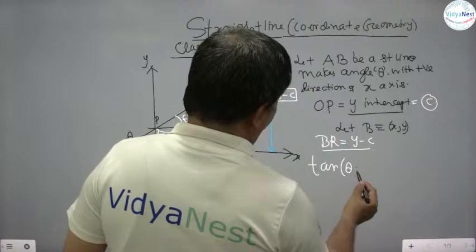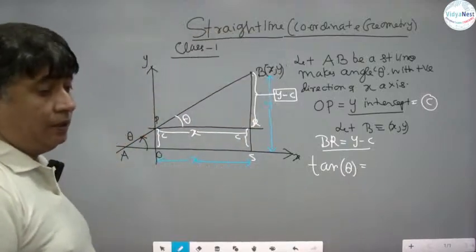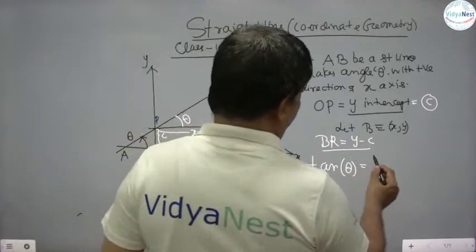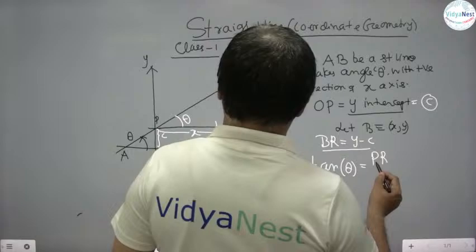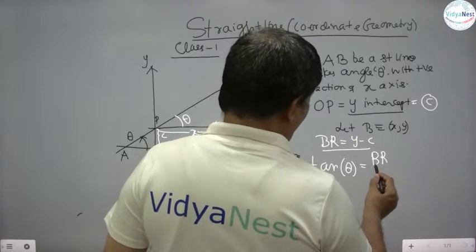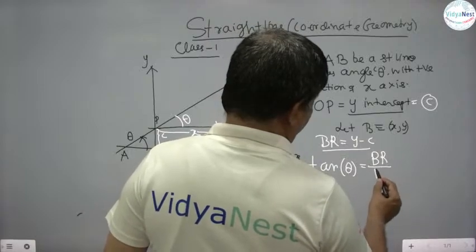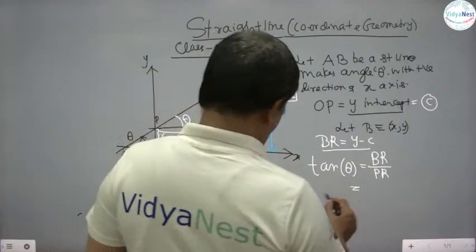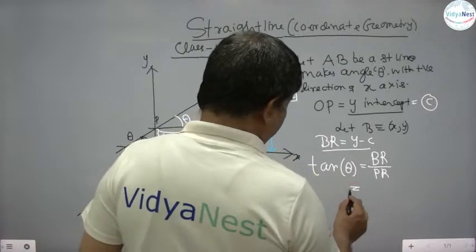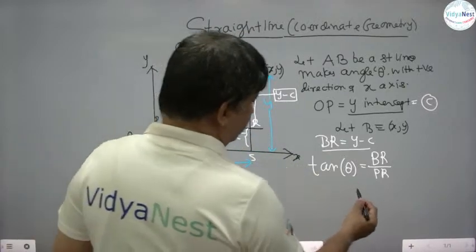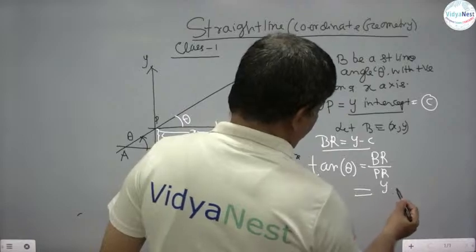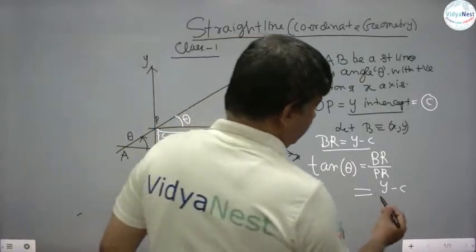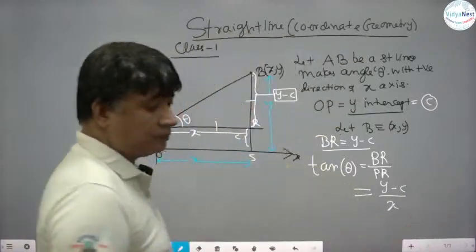Tan theta, we know, is perpendicular by base, that is BR by PR. BR is y minus C. PR is x.